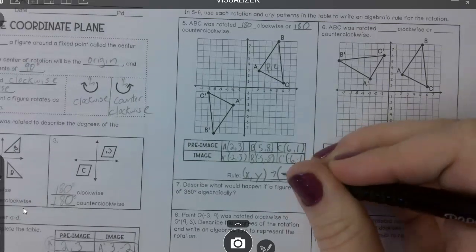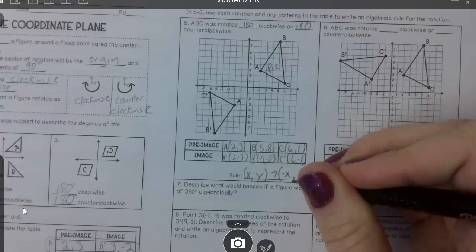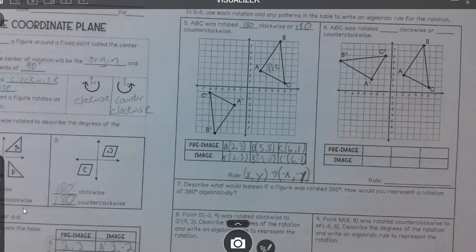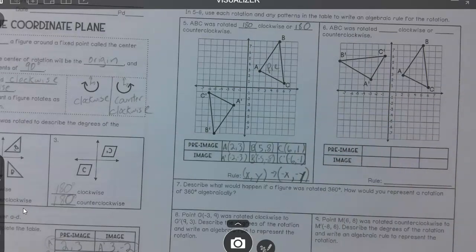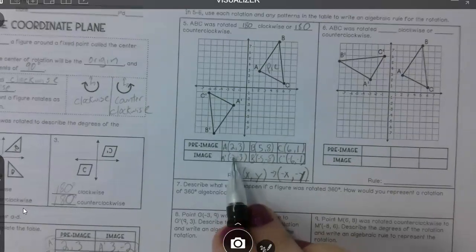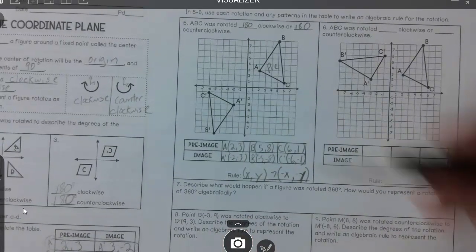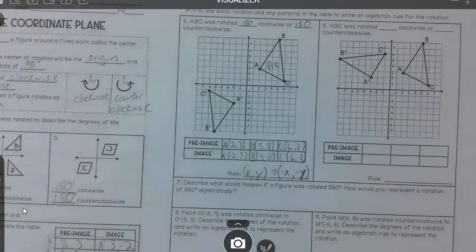So we would opposite the x and opposite the y. They don't change places. The x and y's are still in the same order. See the (2, 3), (5, 8). All that happened was the positives have now become negatives. And if the opposite were to happen, if they started negative, they would become positive.